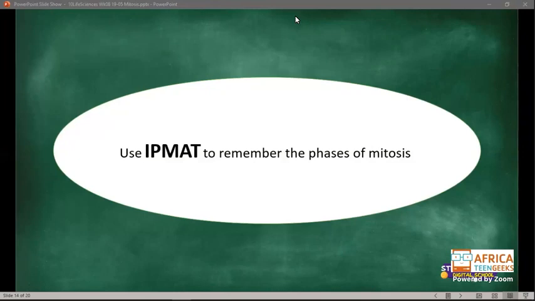So Nelly says, I play my accordion today. That's how Nelly remembers the phases of mitosis. I play my accordion today. So I for interphase, P for prophase, M for metaphase, A for anaphase, and T for telophase.